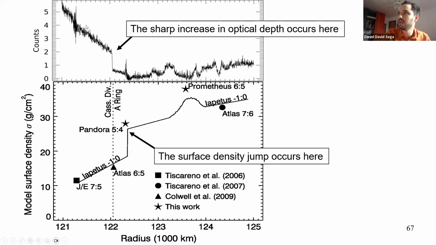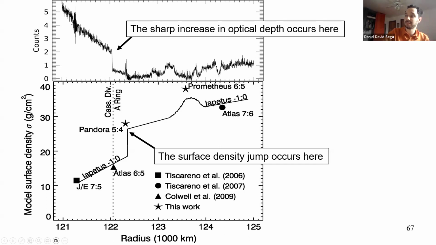This feature over here is actually the Janus 7 to 5 density wave, and this damps way quicker than the Iapetus bending wave. So if you take the viscosity that you see here, given the damping of this density wave, and you apply it to the bending wave, you get that the bending wave, again, damps just within this region. It doesn't go on, not even 20% of what we actually see. So there's certainly something propagating this wave in some way.